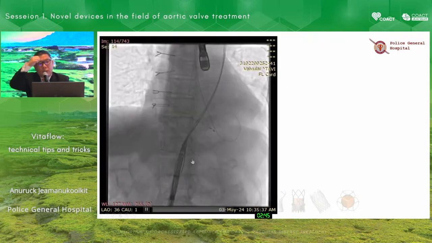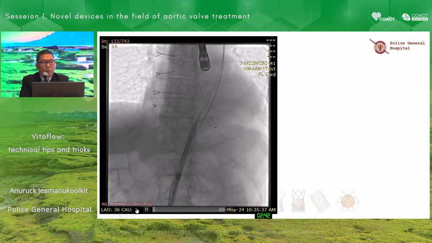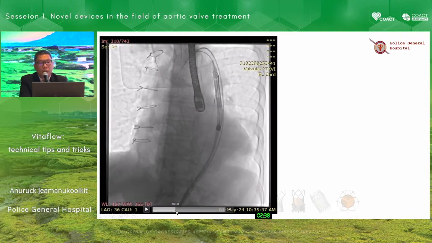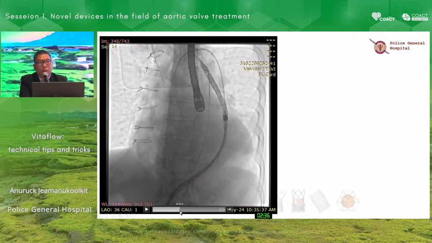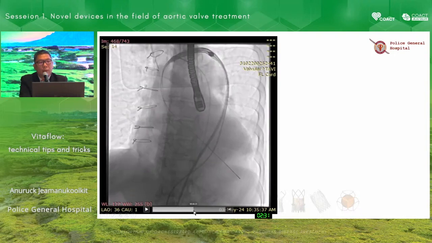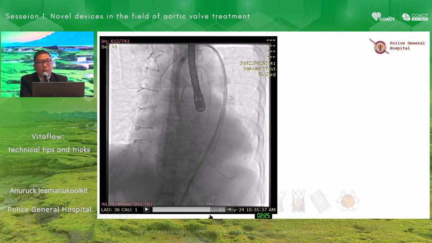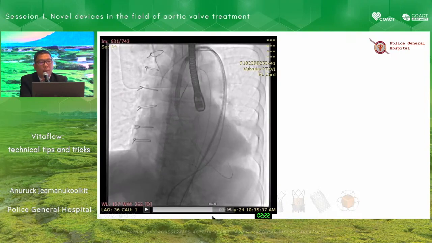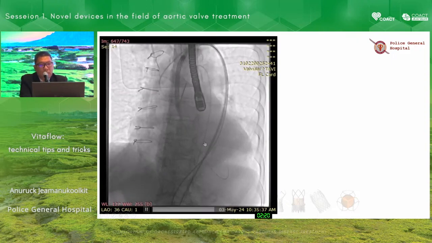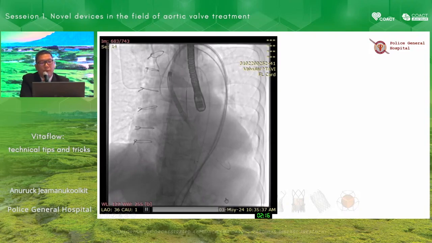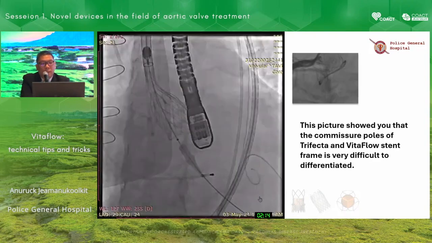So usually you can see that the capsule of the valve is not bending, not a good bending like this. The proctors from China always recommend using the snare if they think you will face a problem or struggle with crossing the arch or crossing the valve in a horizontal aorta, because the snare can change the position of the tip of the catheter.